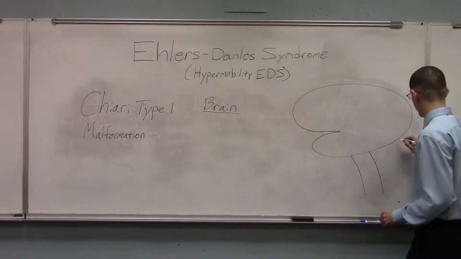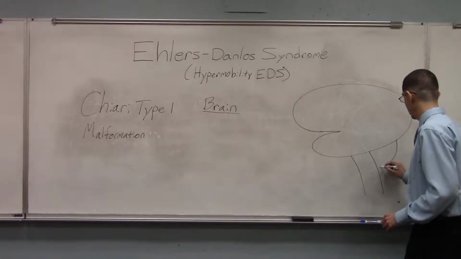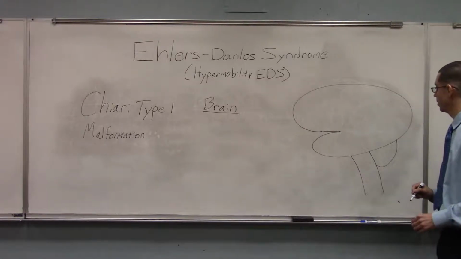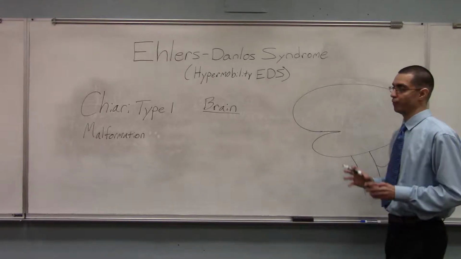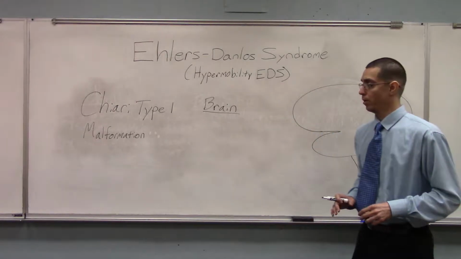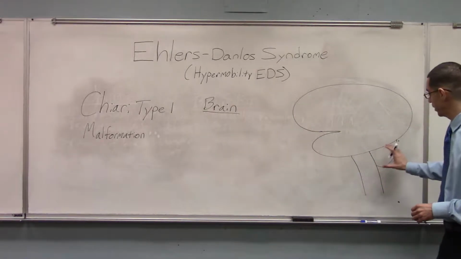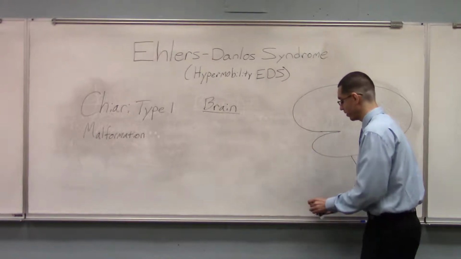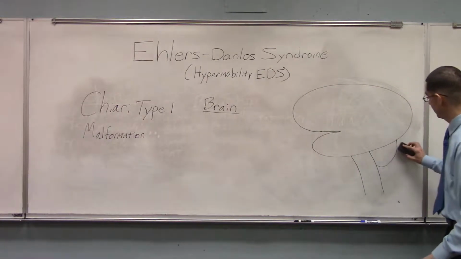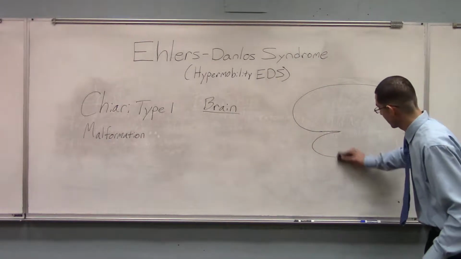Here is the brain stem, and here we have the cerebellum. The cerebellum is composed of 2 hemispheres, but for this topic, we only need one of them. Now, let's focus in on the cerebellum.